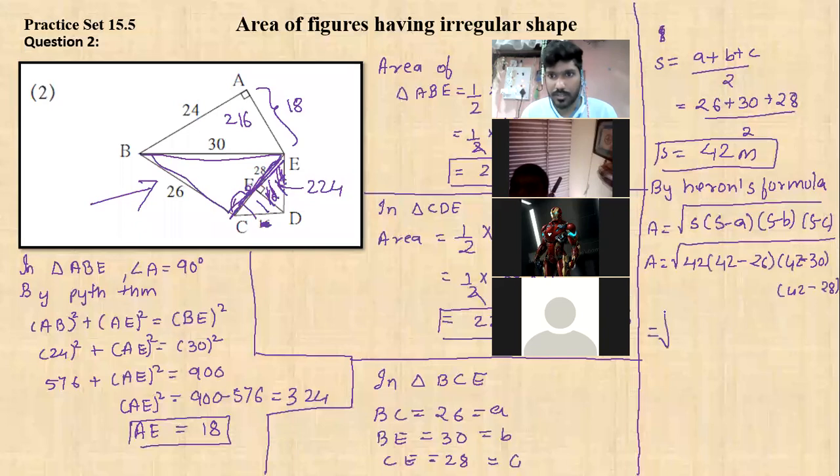Doing the subtraction, 42 minus 26 is 16, 42 minus 30 is 12, and last 42 minus 28 is 14.